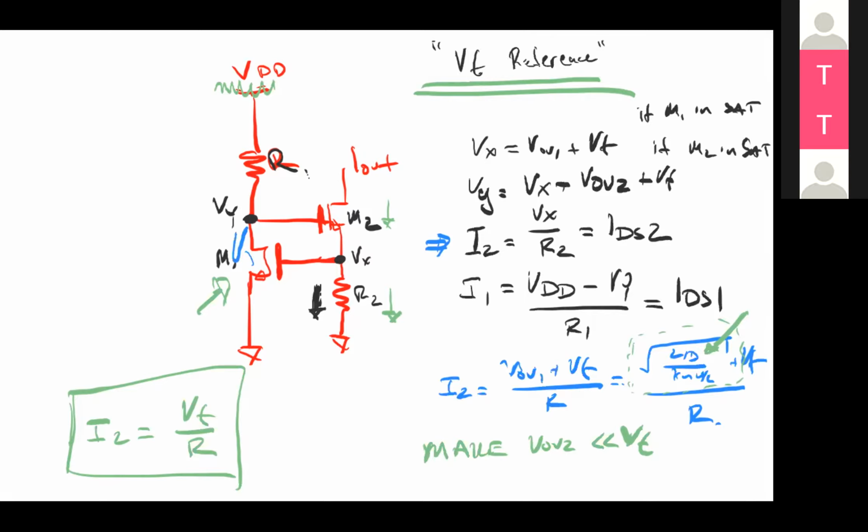This one, you're still sensitive to a couple of parameters. One, it requires an absolute value of R. An absolute value of any component on an integrated circuit is very hard to ensure. So if you wanted a precise current, i.e. a current that was within 20%, this is probably not the right reference. You'd probably be better served using something like a proper band gap.